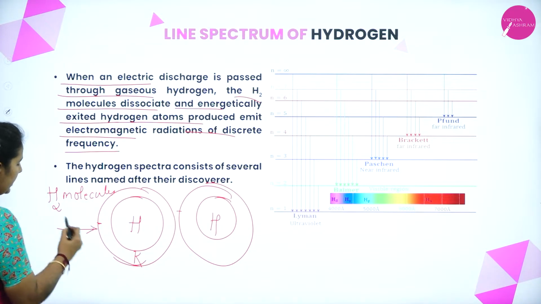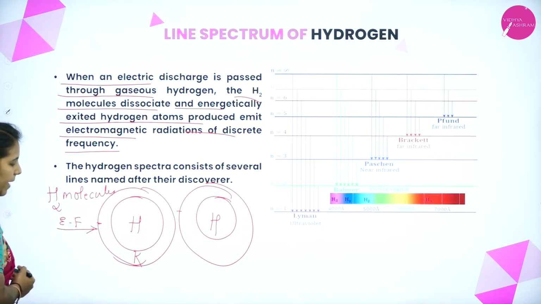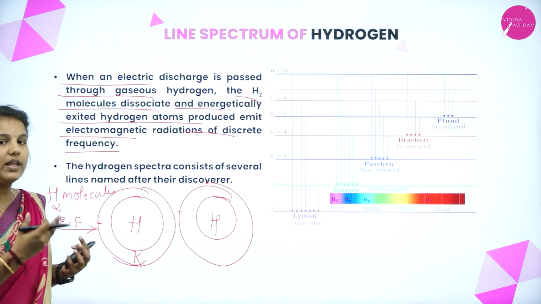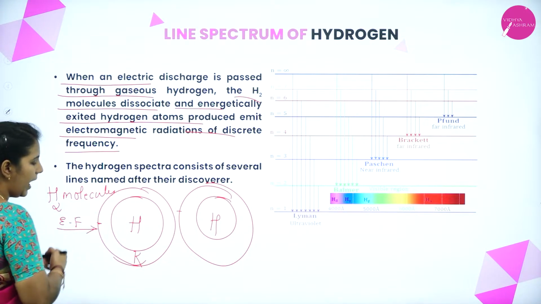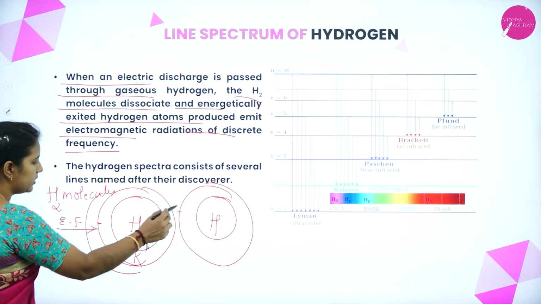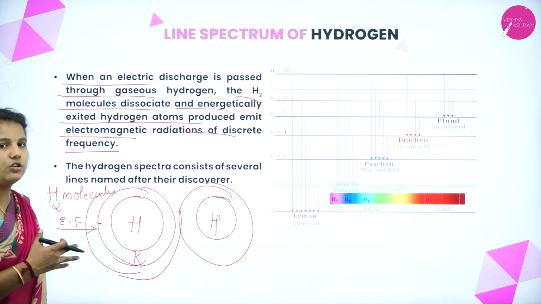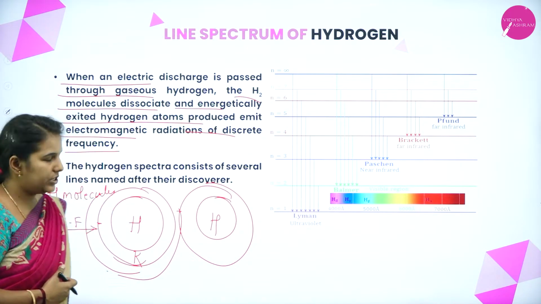When you apply the electrical field to this hydrogen molecule, what will happen? The hydrogen atom will get energy and get excited. When it gets excited, it shifts to the next higher energy level, and it produces electromagnetic radiation.